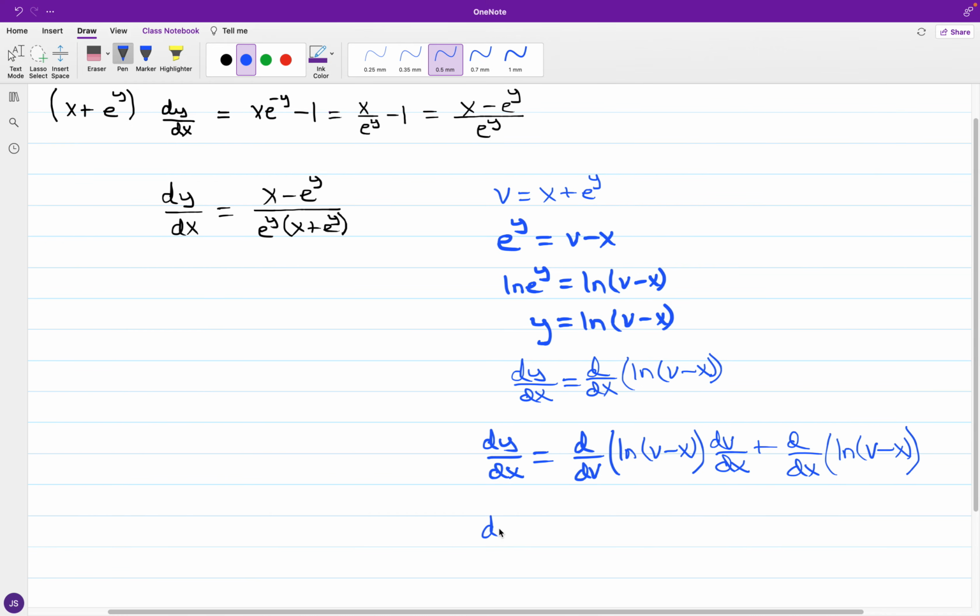And for the follow through, dy over dx is equal to d over dv of the natural logarithm of v minus x. So I'll be taking the derivative on the natural logarithm side. I have the reciprocal of v minus x, with a little bit of chain rule expansion: the derivative with respect to v of v minus x, and again dv over dx.